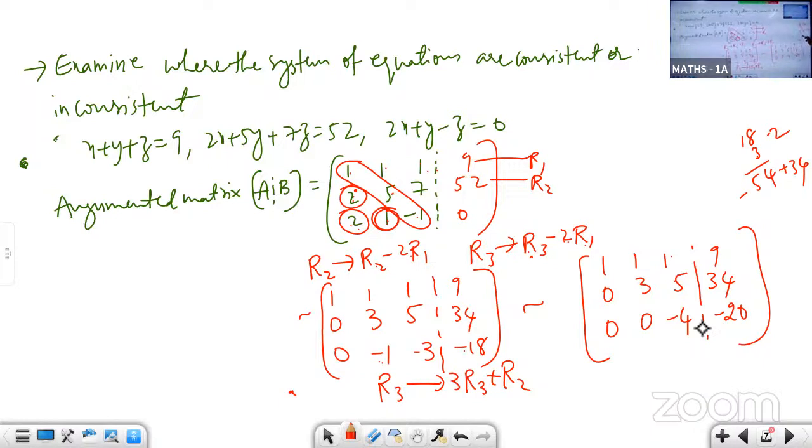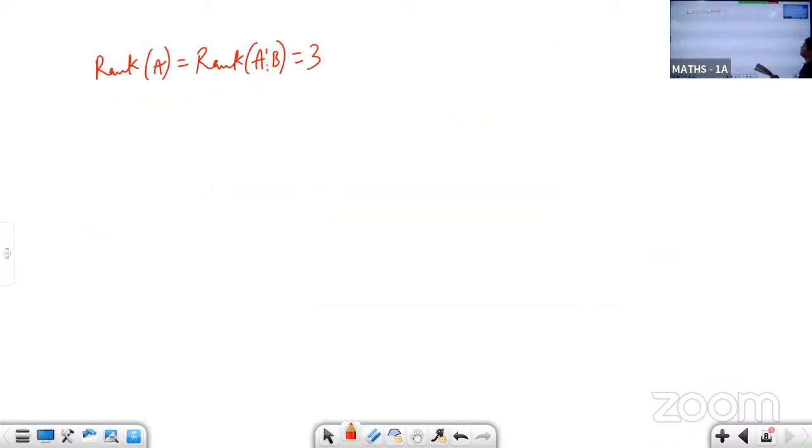Right. So 3. And in the augmented matrix also, the number of non-zero rows is 3, right? So rank will be 3.